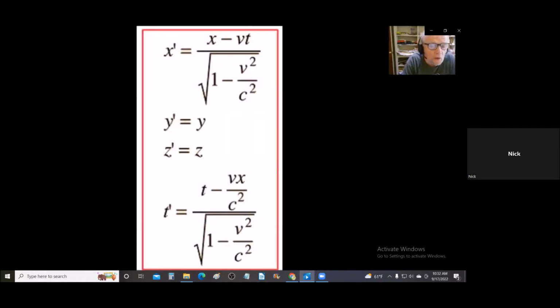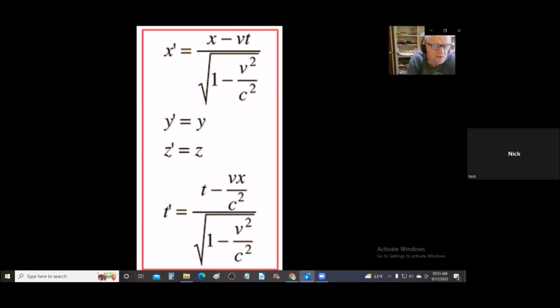Okay, we'll take a quick look at the meaning of the Lorentz transformations. The unprimed frame is the preferred frame, or the so-called stationary frame, and the primed frame is the moving frame. So when you go from the preferred frame to the moving frame, you have to adjust.